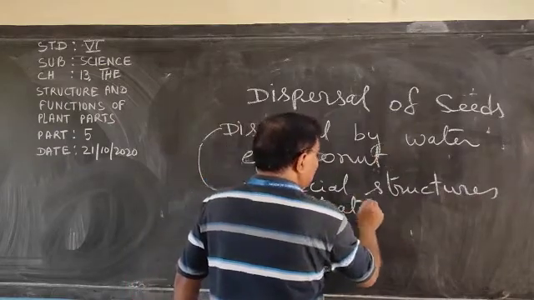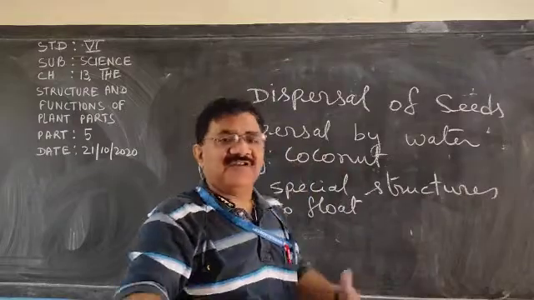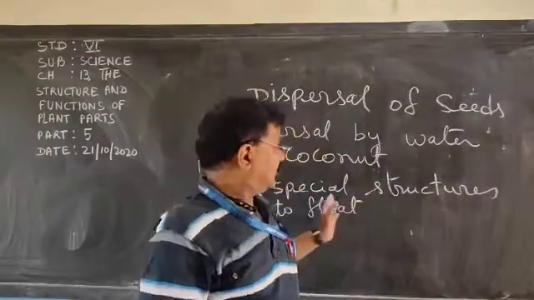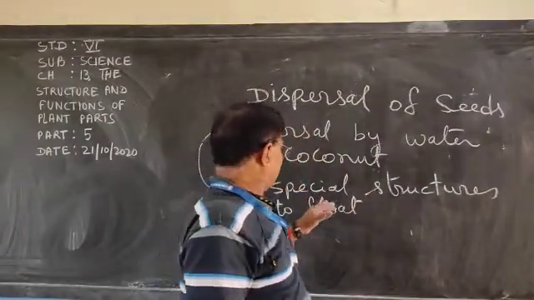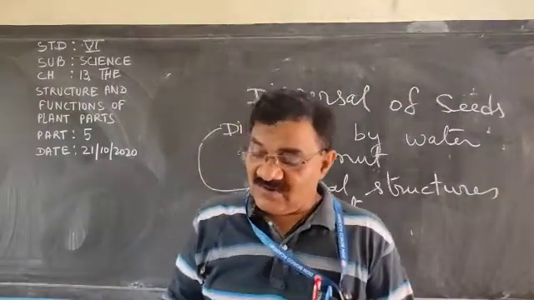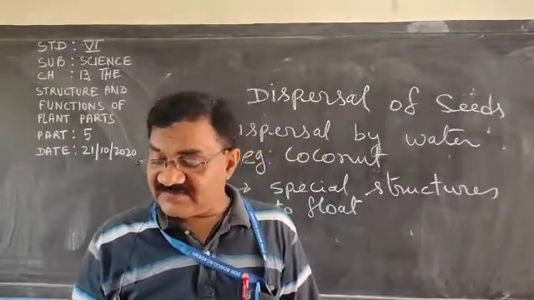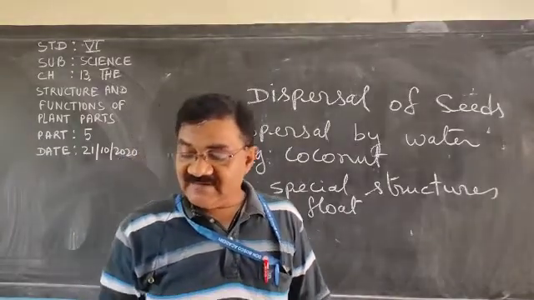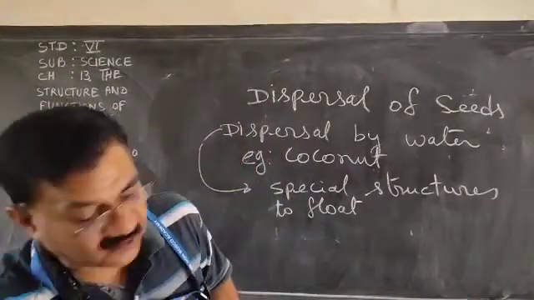Very clear? If the seed will sink, how will it be dispersed? So it must have special structure so that it can float and can be carried from one place to another place. And the other is dispersal by explosion.